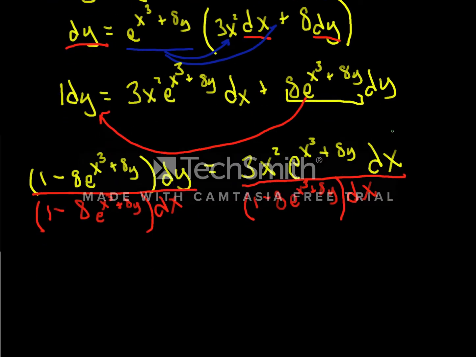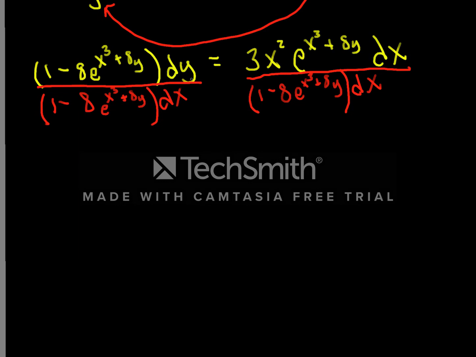And so we finally get to the expression we're looking for, that dy/dx. That's all that's left over on this side, because that will cancel with that. And on the right-hand side, my dx will cancel with that dx.